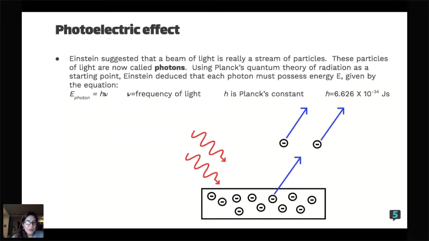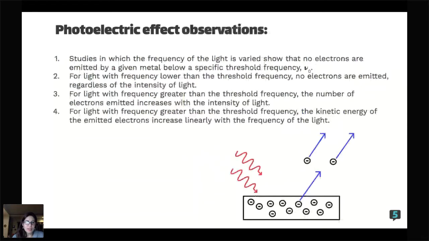The energy of a photon is going to be Planck's constant times the frequency of light. So these are the observations about the photoelectric effect that Einstein concluded.